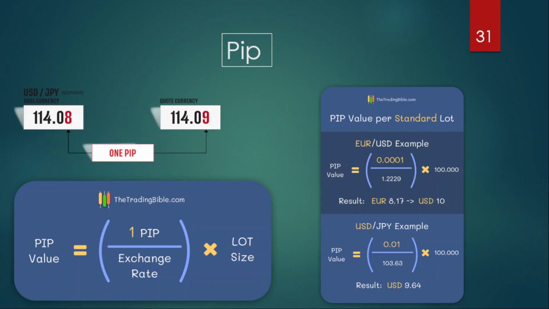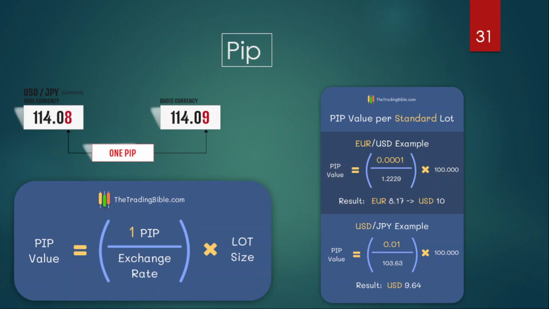So in this example, suppose we are doing a calculation of a pip value for a standard lot. While you are using a standard lot, suppose you want to know the value of 1 pip for a standard lot.